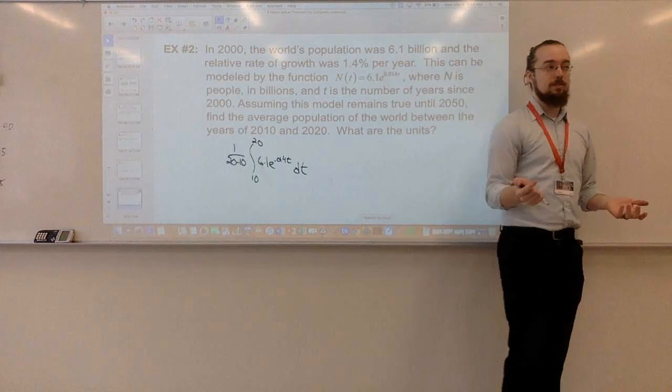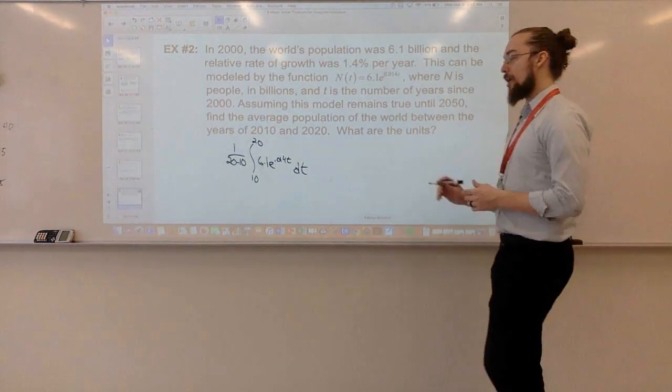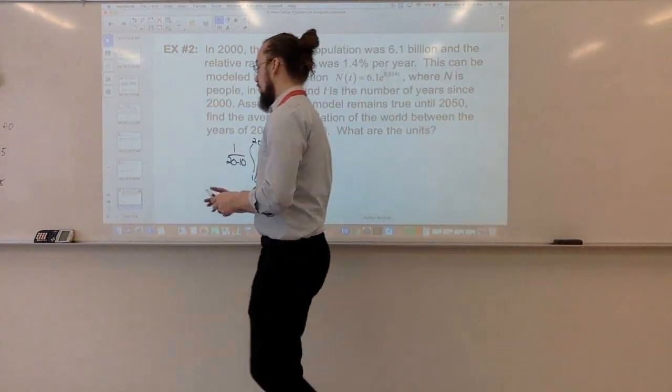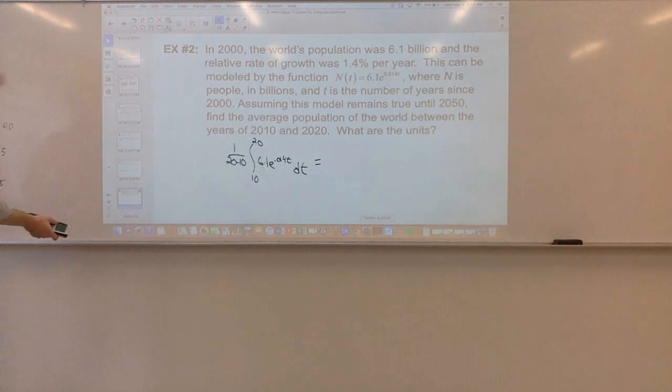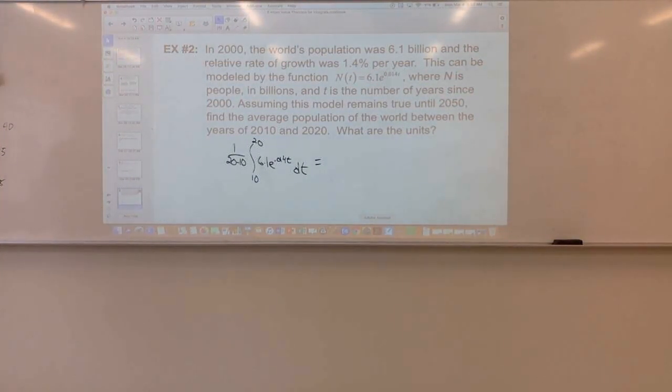This is an ugly function, right? Probably don't want to try to do this by hand. So let's do this on the calculator. On the calculator, if we do math 9, okay, from the home screen, math 9, we'll bring up the integral, because the majority of the AP test is non-calculator.